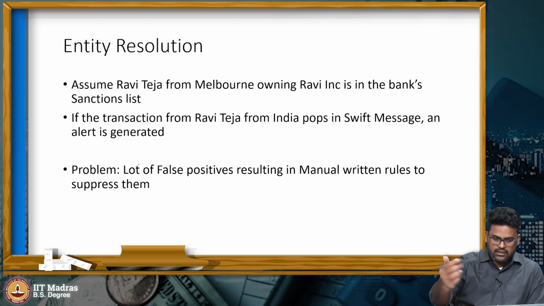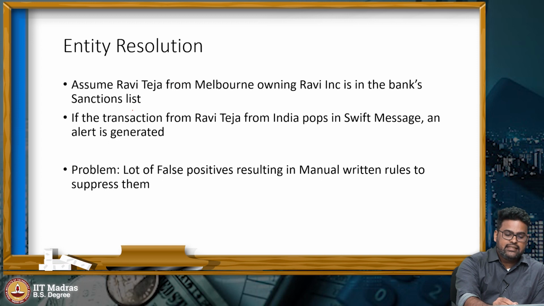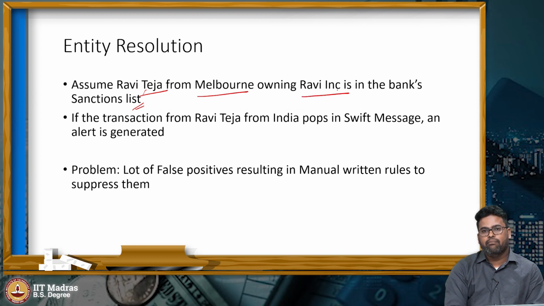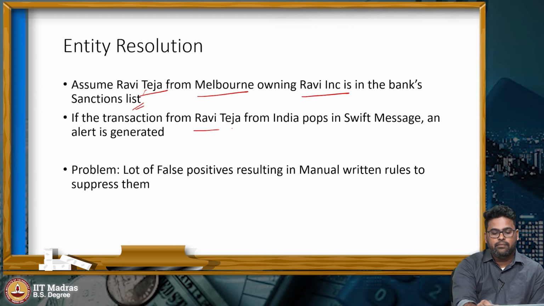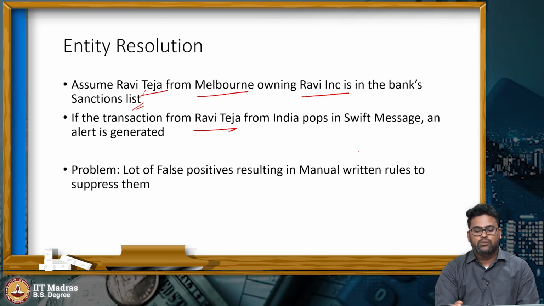Let's assume there is Ravi Teja from Melbourne who owns a company, Ravi Inc., and it is present in the sanction list of the bank. Now there's a different Ravi Teja, which is me staying in India, and I try to send a cross-border transaction to someone in the US.